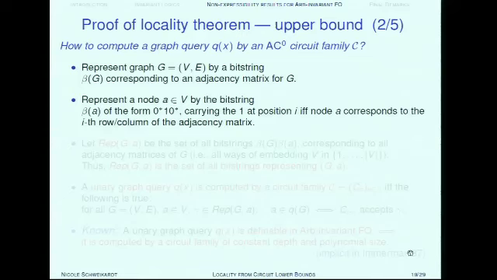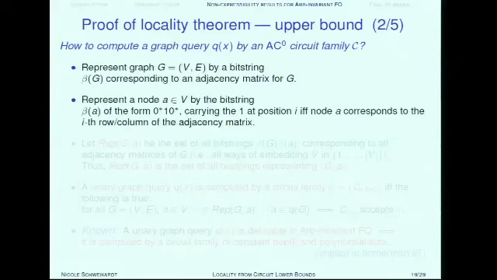And for expressing a unary query, what our circuit should do is, given a graph and a node, check if the node is in the query result for the graph. So we give the adjacency matrix as input to the circuit, and also an encoding of the node that we are interested in.